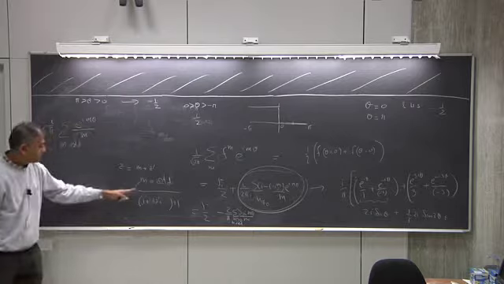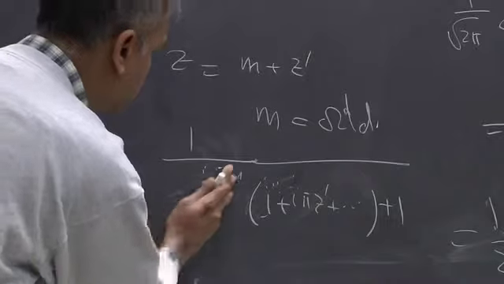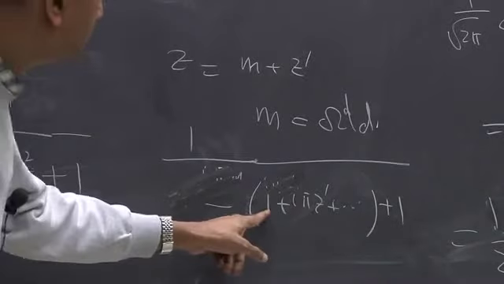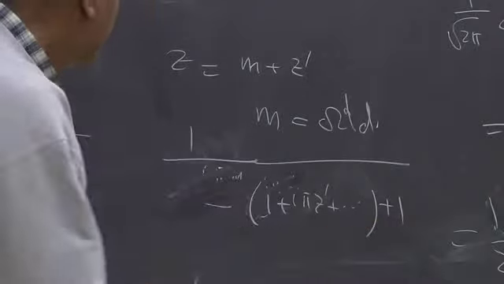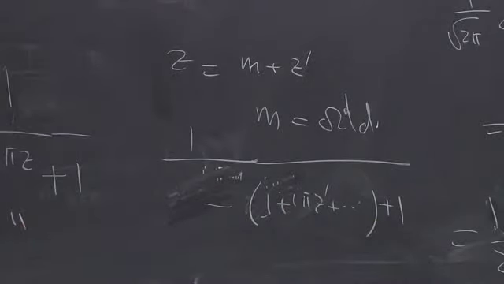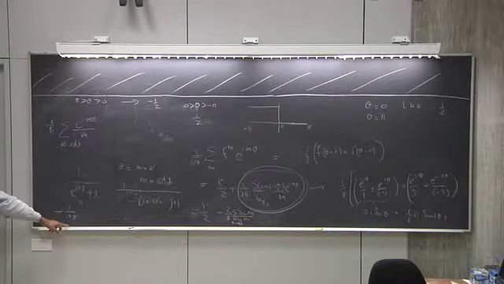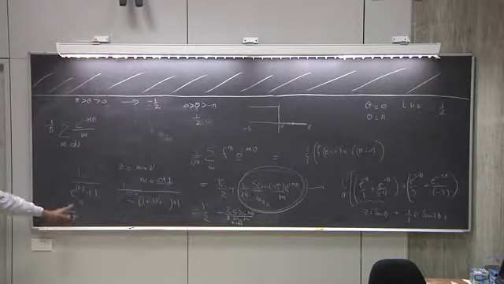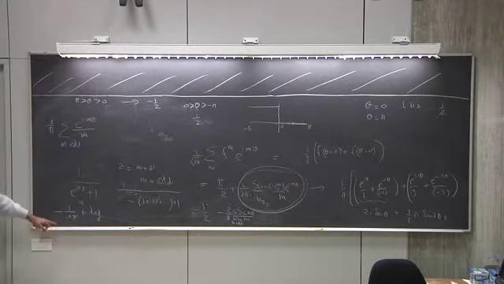But if m is odd, this is minus 1. So this becomes minus 1, and the minus 1 cancels with the plus 1 as expected, because we should have a pole. What we find is that this behaves like minus 1 over i pi z prime, the leading term. That's the leading singularity term, plus regular terms. But the singularity is this.